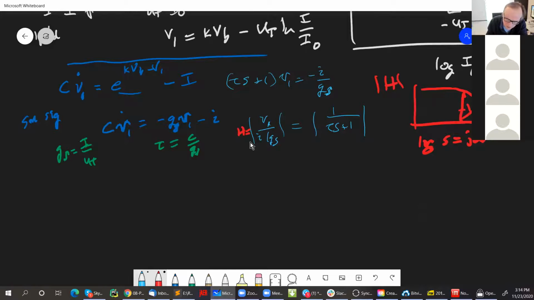So then really this expression here means V1 divided by I divided by GS. GS is, what is it? I over UT, right? So it's divided by GS. Is that correct? Yeah, because I divided by GS to get the tau. But if I divide the whole expression by GS, then you get the equation here.